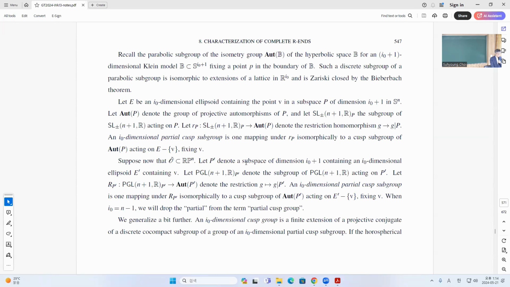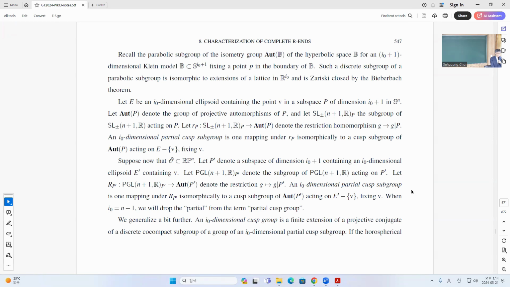Okay, and so we have this O tilde in RPn, then P prime denotes the subspace of dimension i0 plus 1, an ellipsoid containing b. Then we denote by the subgroup, this is just for the projective case, PGL acting on P prime, and this is a restriction map.